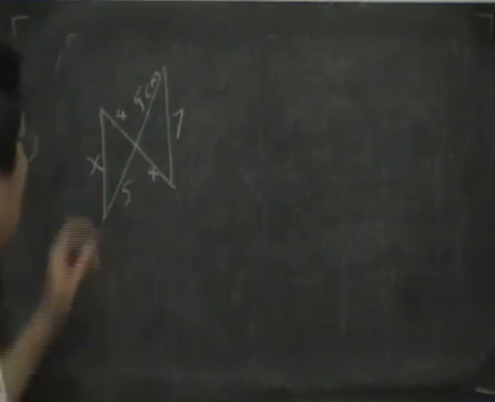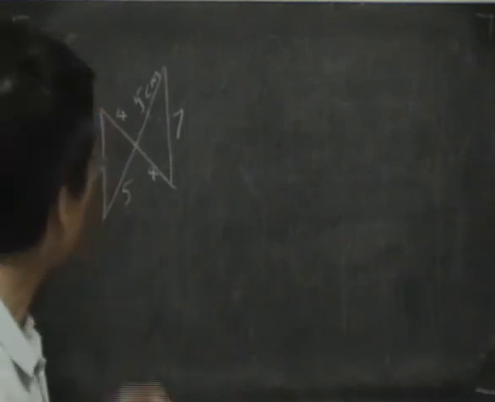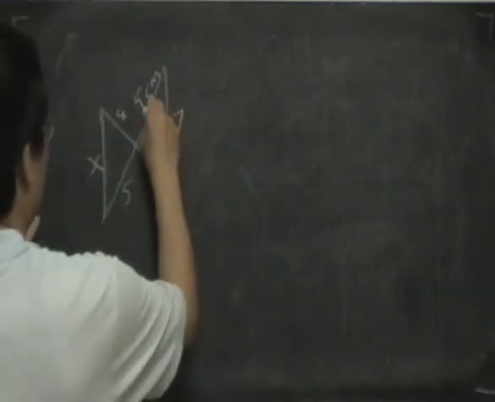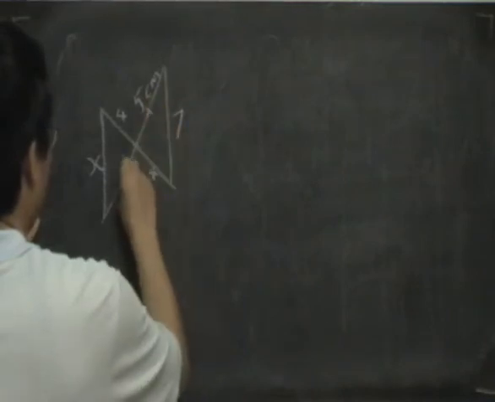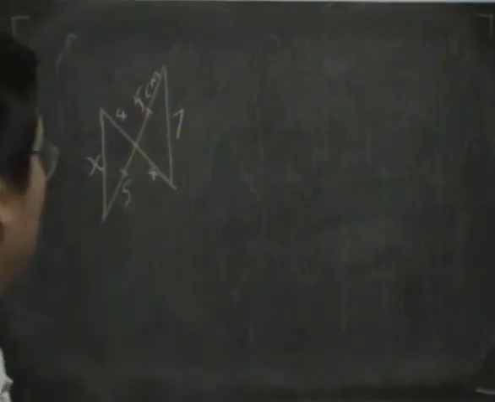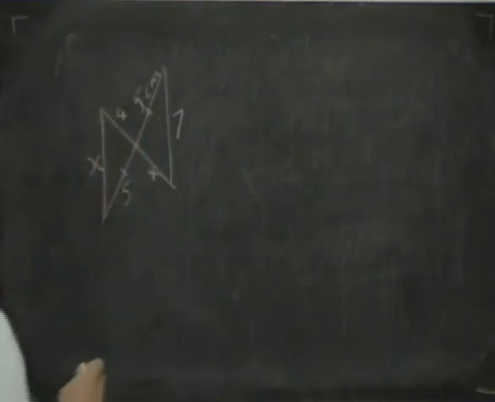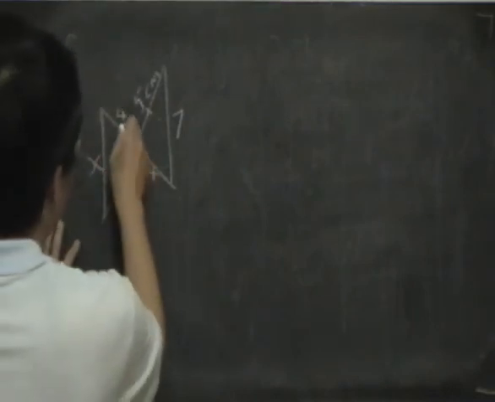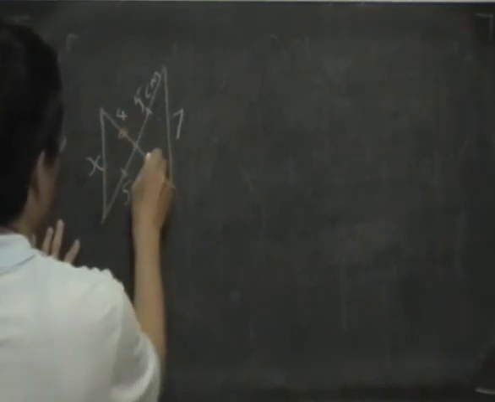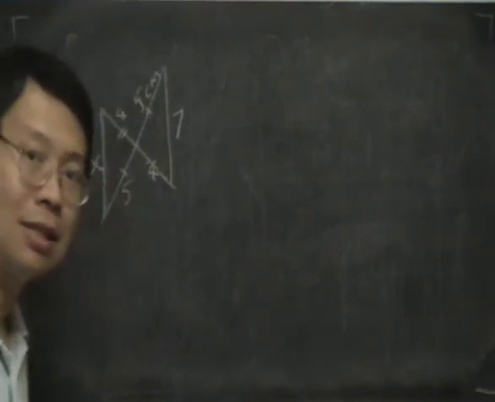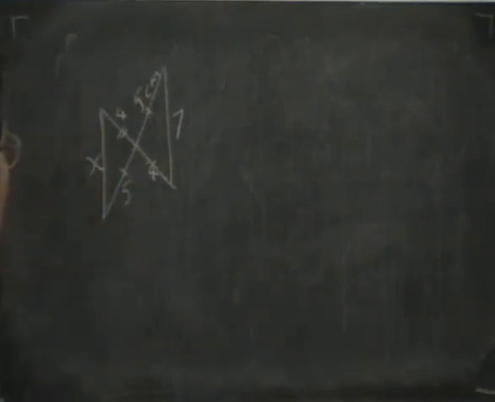The obvious sides that are equal are the 5 centimeter here and the 5 centimeter there. The other side that's equal is the 4 centimeters. So now we have two of the sides equal.